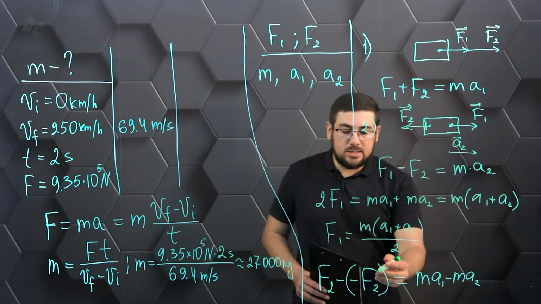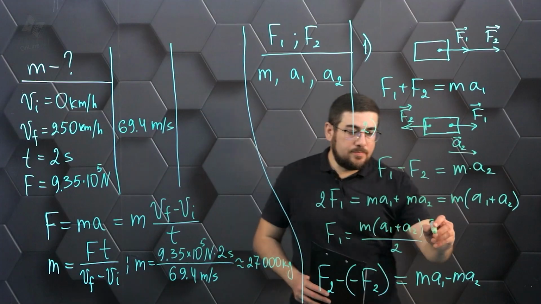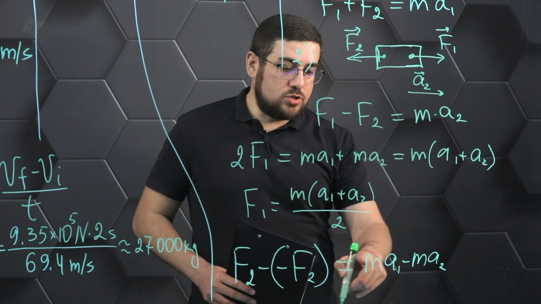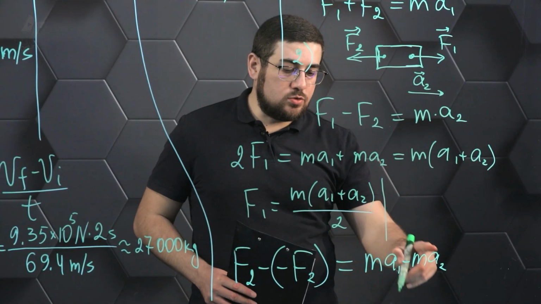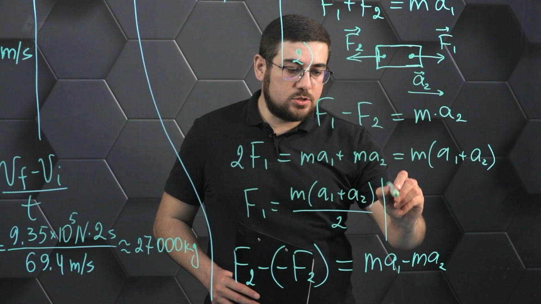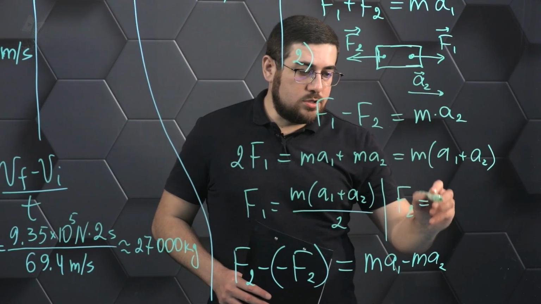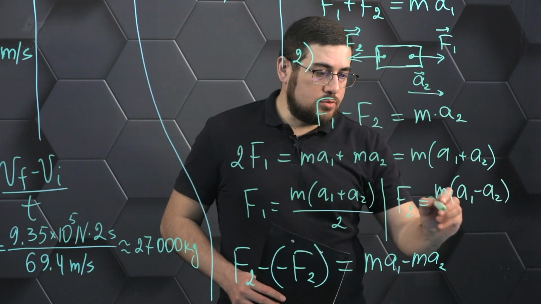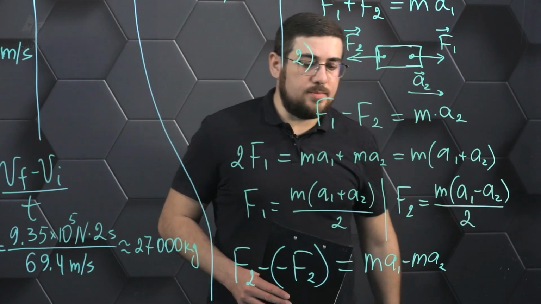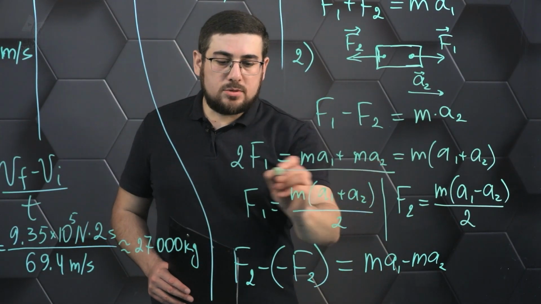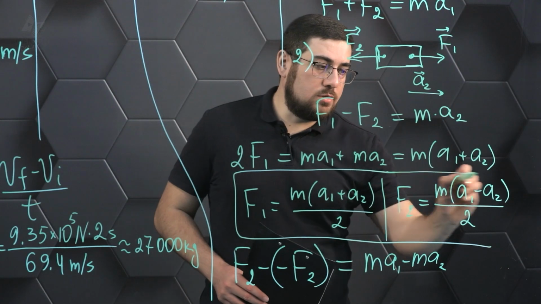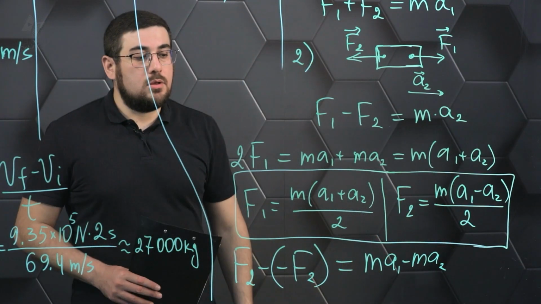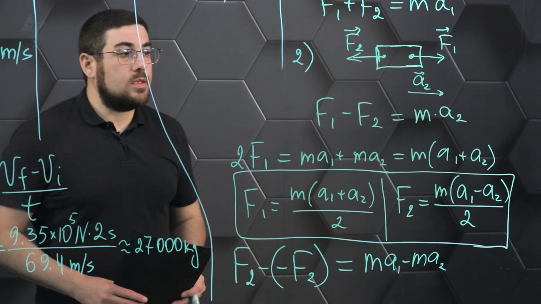As a result, we get here the doubled force F2. And here we can also take the mass out of the bracket. Then we get the expression that F2 will be equal to m times (a1 minus a2), divided by 2. So we have the value for the two forces that are acting on these objects.